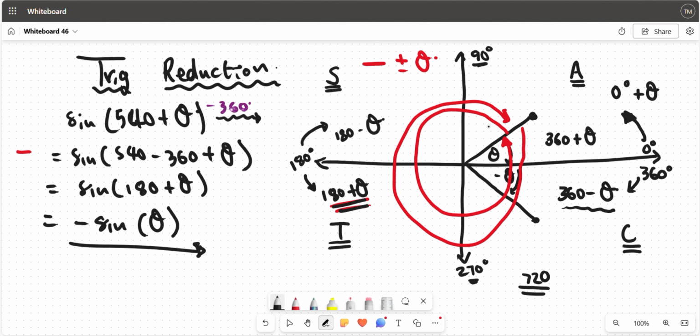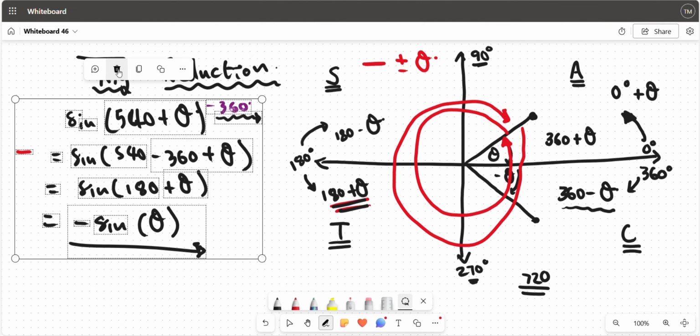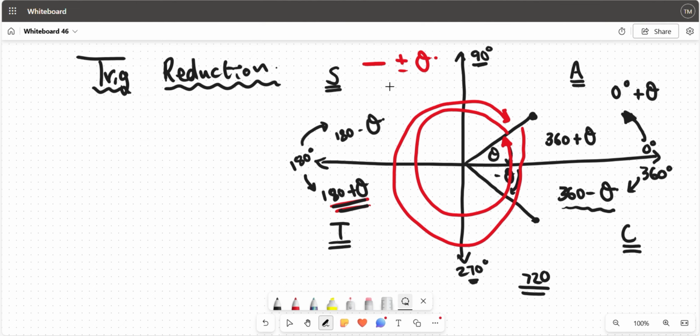Again, this is just a useful tool on how to reduce these. Then there's one last reduction that I do need to show you, and these are called cofunctions. So the one I'm going to talk about now is cofunctions, and I'll just give you the rule.